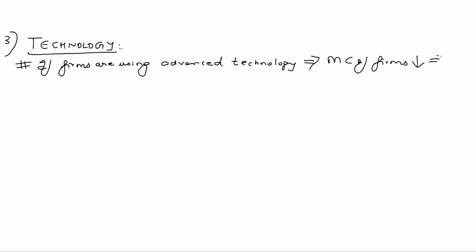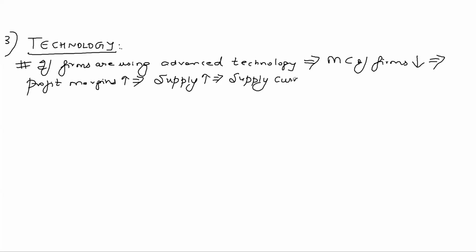When marginal cost goes down, rest of the story you know. Profit margins will go up, supply will go up, supply curve will shift to the right. Now again guys, in this case nothing is happening to price. The price of a commodity is still constant.